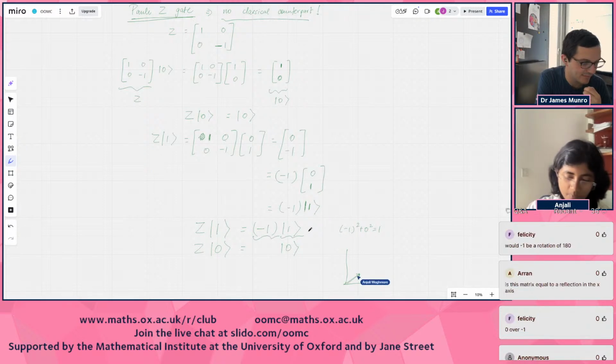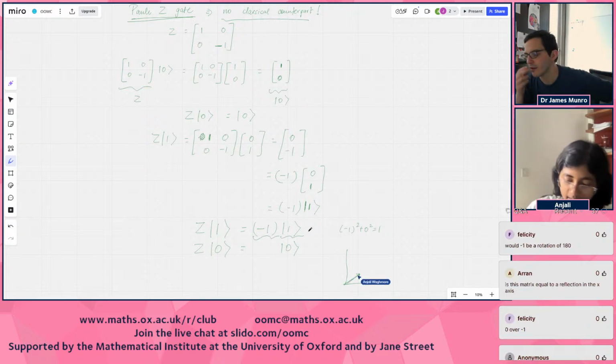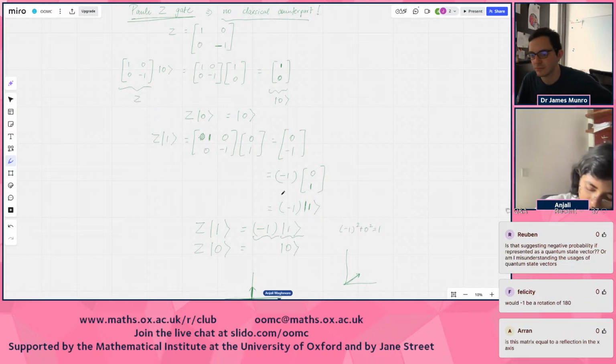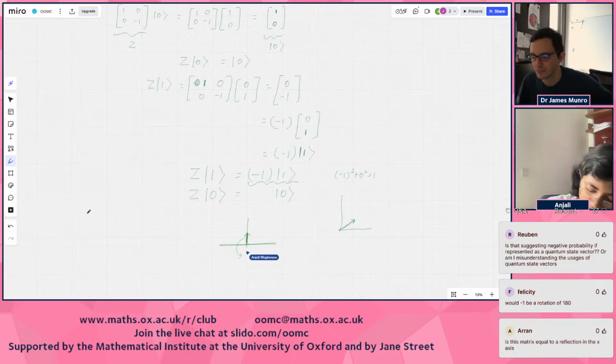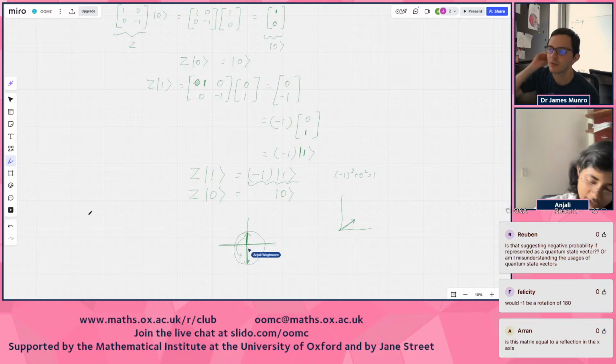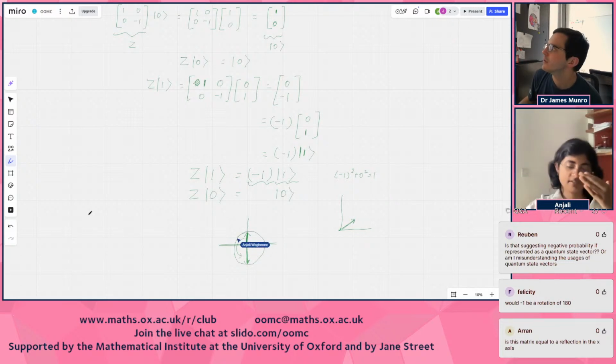Let's say initially you're feeding in a 1 and you apply a Z gate onto this vector. What it does is it rotates it, so you're still on the unit circle, but on the other side of it.